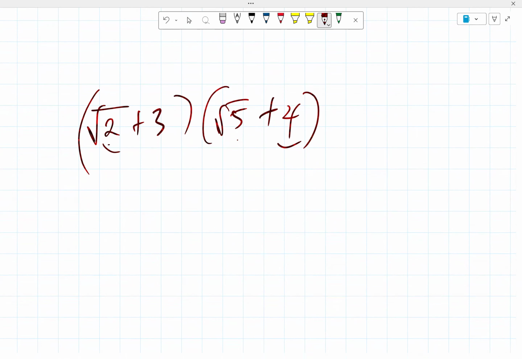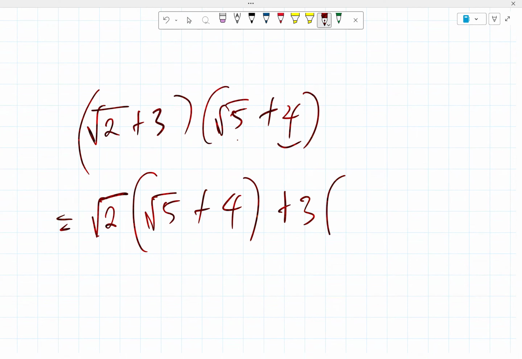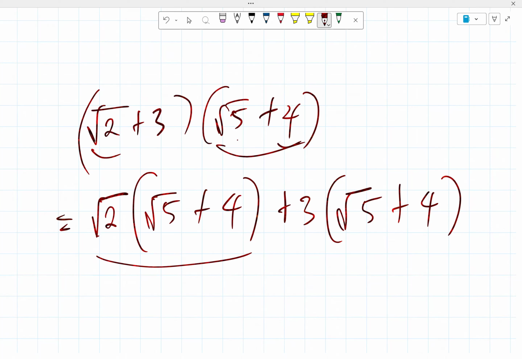Let me go gradually. Take root 2 and multiply by root 5 plus 4, then take 3 and multiply by root 5 plus 4. I think this is better. So root 2 multiplies everything first, then 3 multiplies everything. So we see the product straight up. We can move on now.